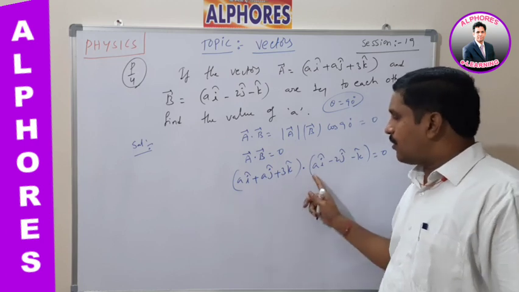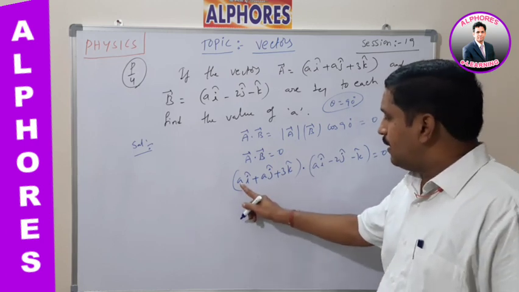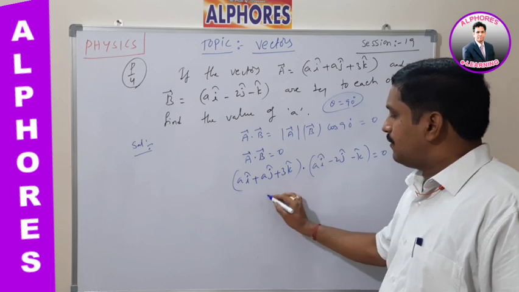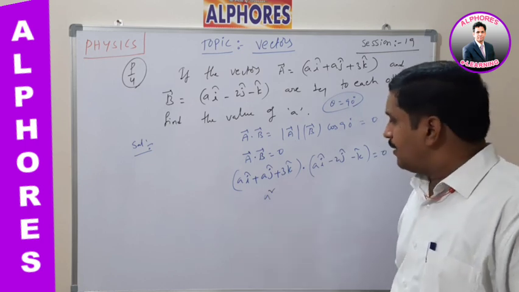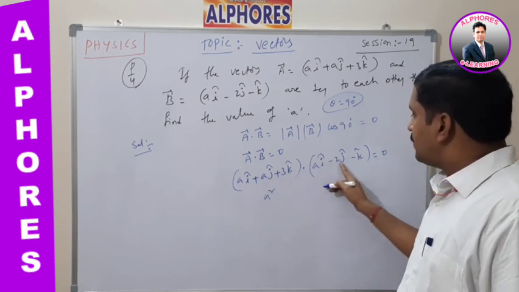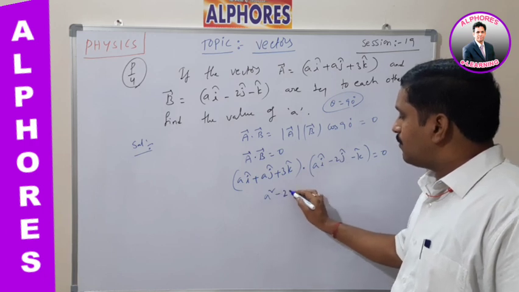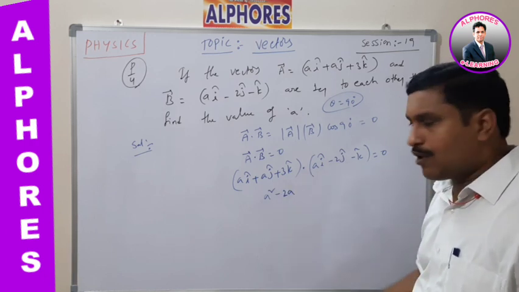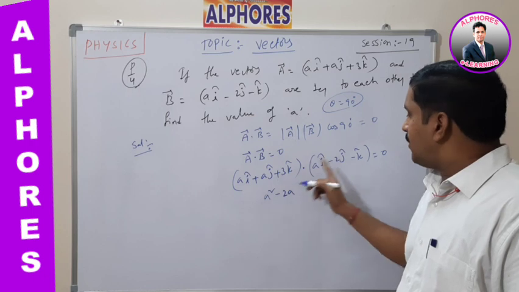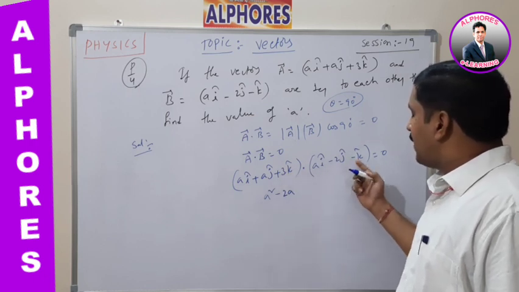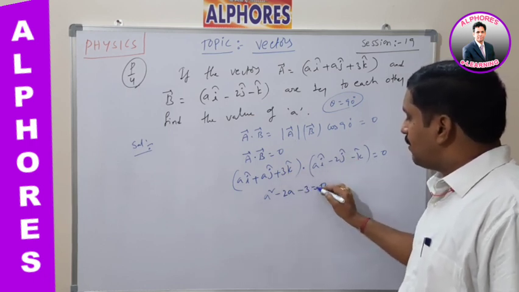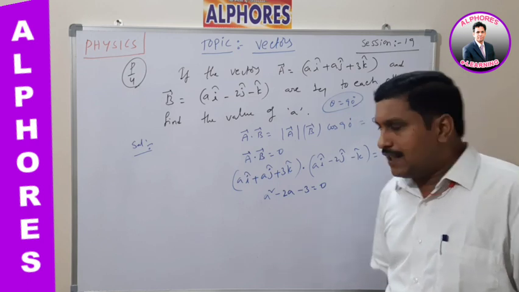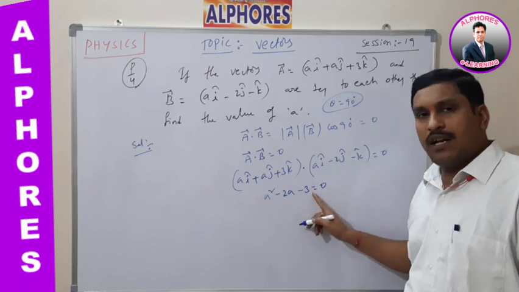By taking the dot product, A cap dot A cap gives A square, A cap with minus 2 cap gives minus 2A, multiplying coefficients of like vectors, and plus 3 with minus 1 gives minus 3, which is equal to 0. This gives a quadratic equation.